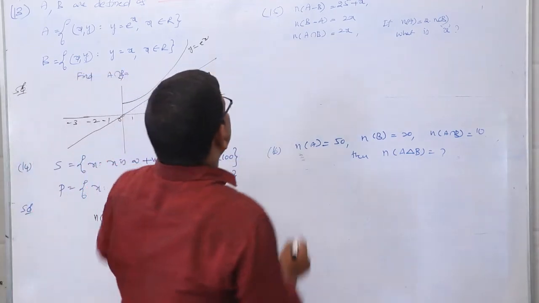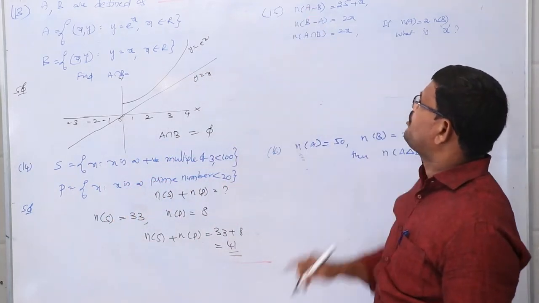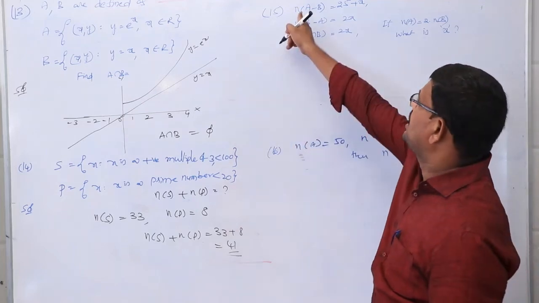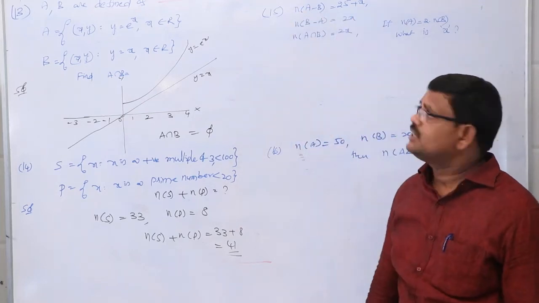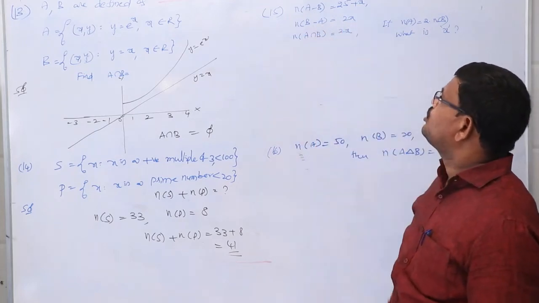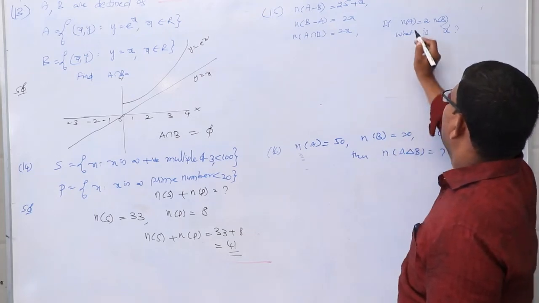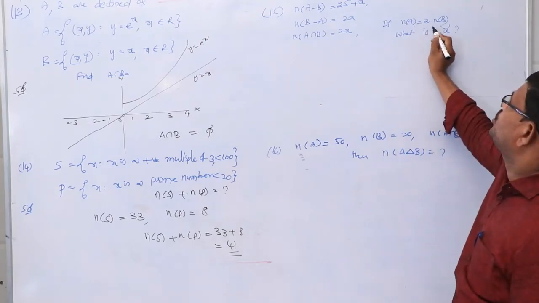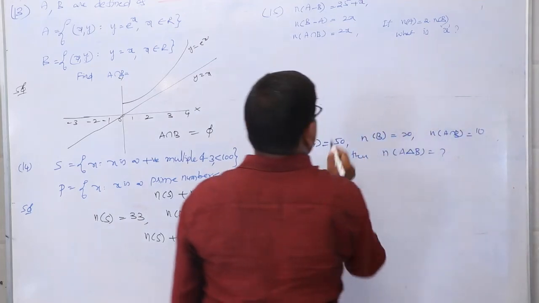Next one. How do we solve this type of problem using Venn diagrams? The number of A minus B equals 25 plus x, the number of B minus A equals 2x, and the number of A intersection B equals 2x, and given that n(A) equals 2 times n(B), what is the value of x?